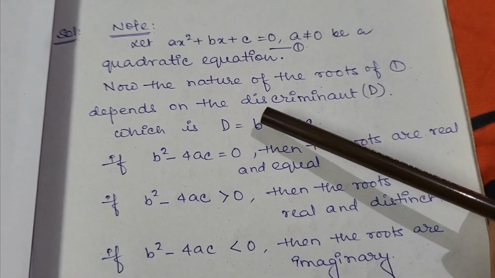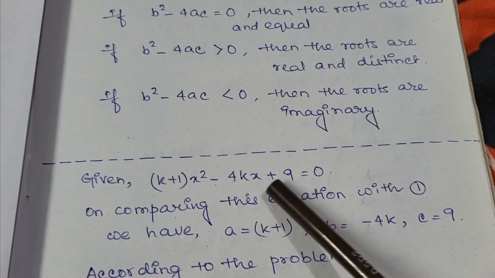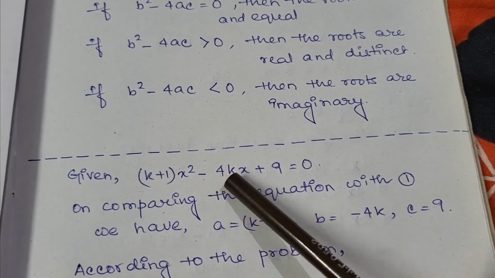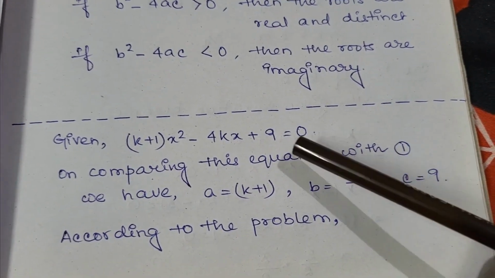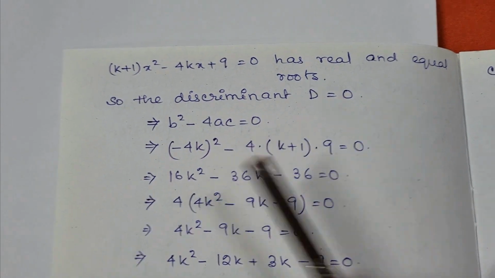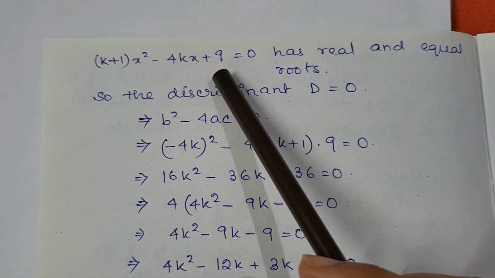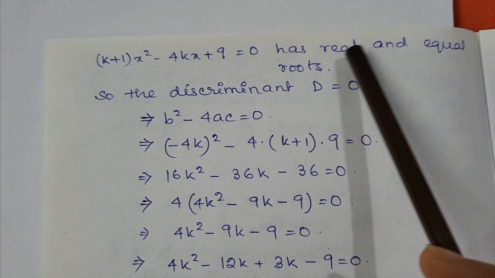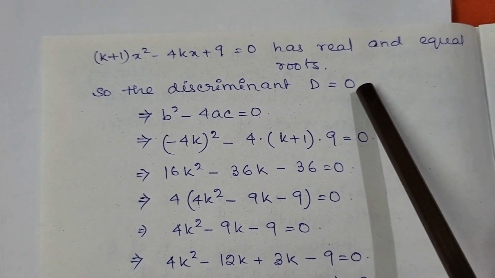Since b here is with a plus, b here is actually minus 4k. And c is 9. Now according to the problem, (k plus 1) x square minus 4kx plus 9 is equal to 0 has real and equal roots.